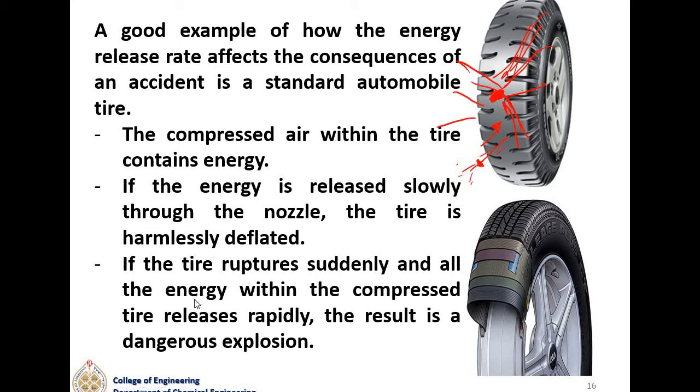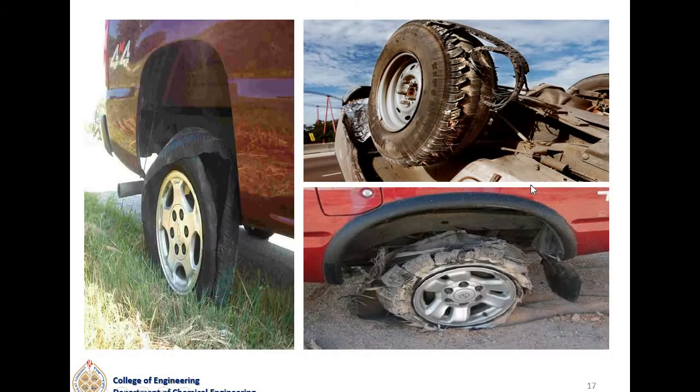Because the tire ruptures suddenly, and all the energy within that compressed tire is released rapidly, very quickly. In that small space, the result is a dangerous explosion. So did you see the difference? It's exactly the same, except that a small hole gives only a little release of energy.